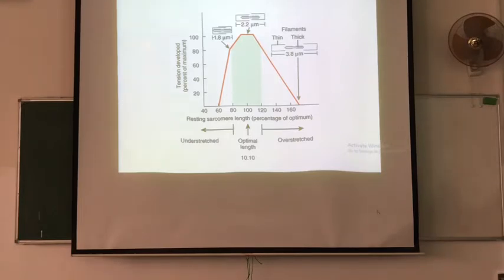We have this phenomenon, because you now may have some overlap of thin filaments from this side with thick filaments, or the other half of the thick filaments from the other side. This way you have two opposite interactions taking place, which may reduce the tension in this preparation, okay.